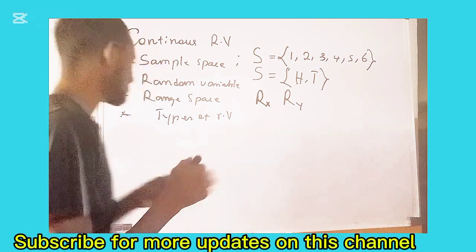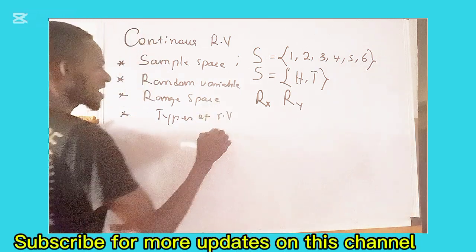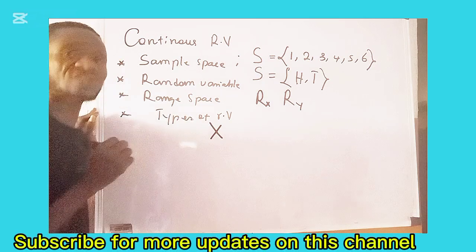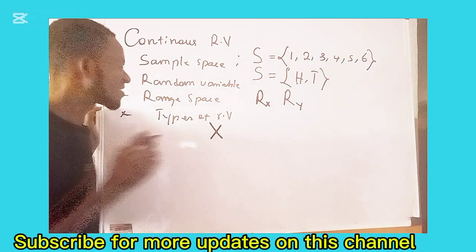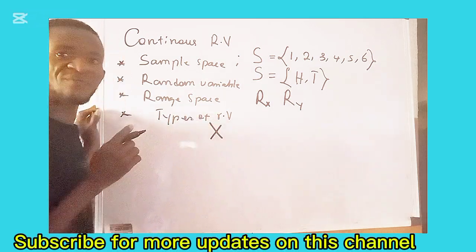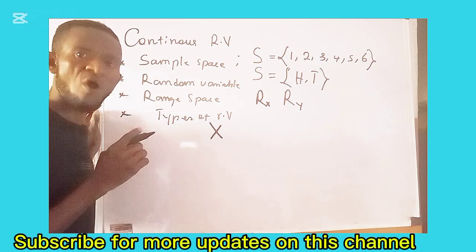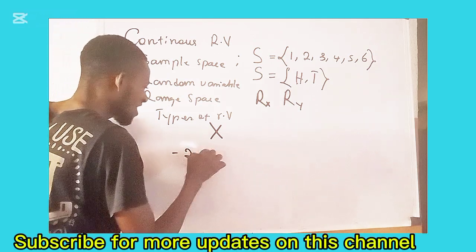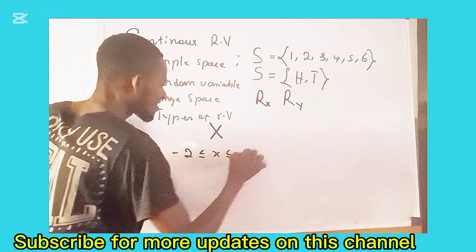For instance, consider that the random variable x is a continuous random variable. And this continuous random variable can take up all possible values between -2 less than or equal to small x less than or equal to 3.